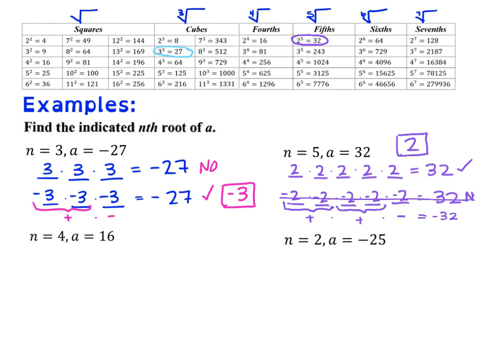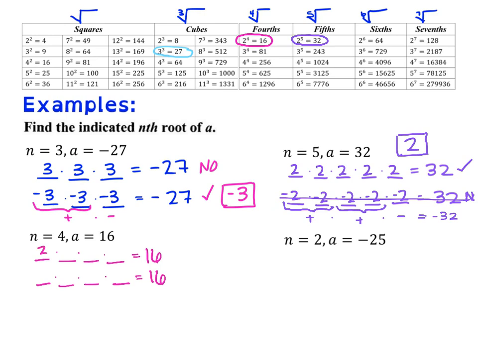How about the fourth root of 16? What number times itself 4 times equals 16? Well, I look at my fourths column and I see that 16 is 2 to the fourth power. So I check.